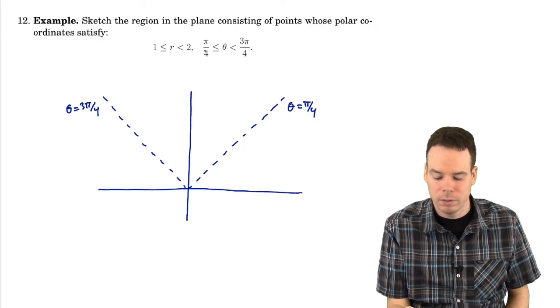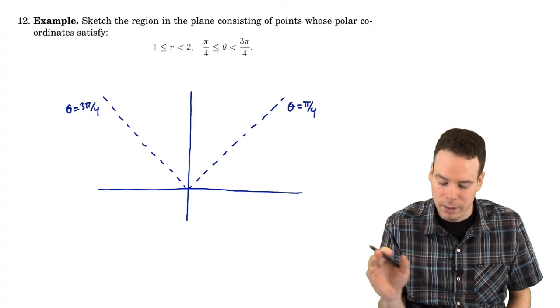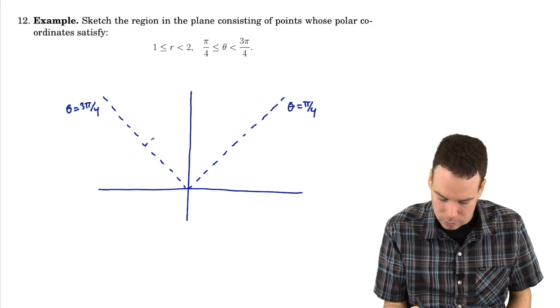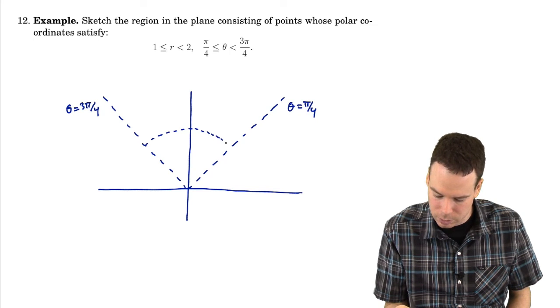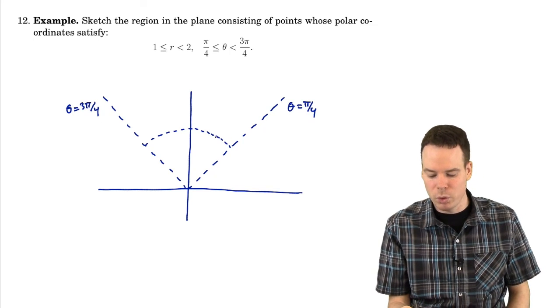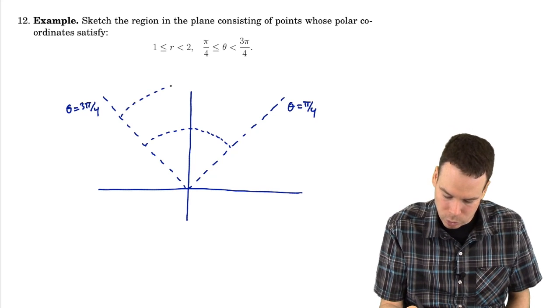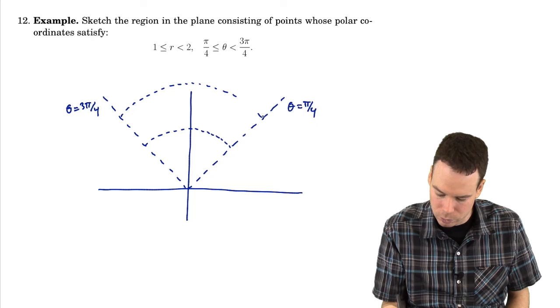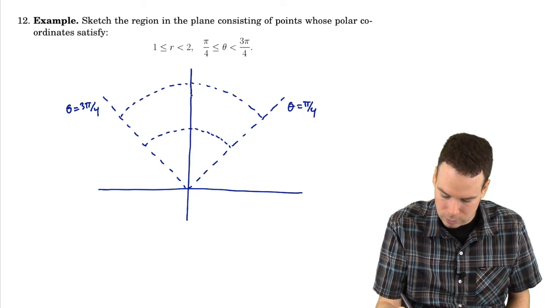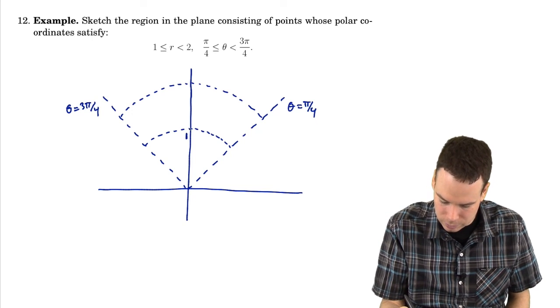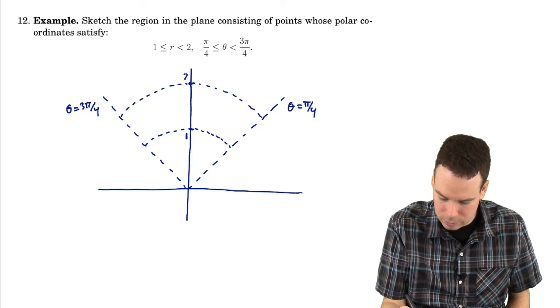Our r value, our distance from the pole, is between 1 and 2. So we're out here. There's a portion of a circle of radius 1, and a portion of a circle of radius 2. I can indicate that here along the axis: that's 1, and that's a distance 2.